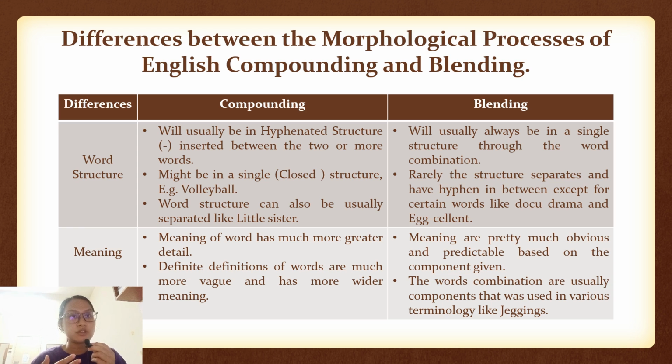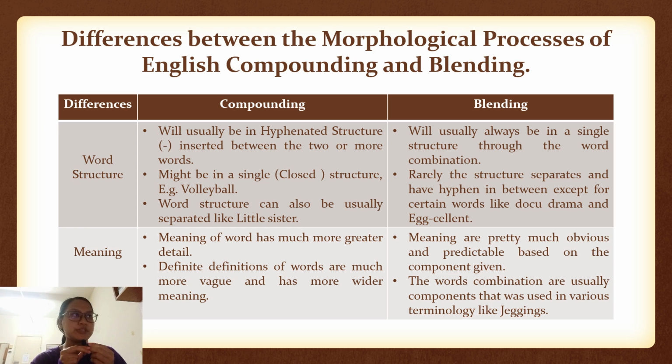In compounding, it will usually have three types: the hyphenated, the open and the closed. They either have a hyphen in between, like mother-in-law, or they will usually be closed, which means it does not have a space in between, like volleyball. And finally, the word structure can also be separated, like little sister, middle school, high school, and so on.